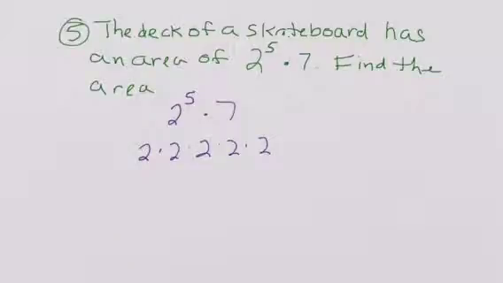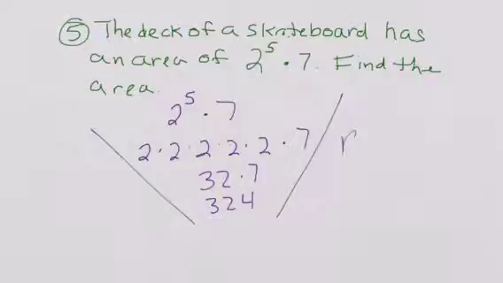The base is 2, and I'm going to multiply it 5 times, and then I'm going to multiply it times 7. So 2 times 2 times 2 times 2 times 2 is 32, times 7, which is going to give us 224. When we're simplifying, you're always going to use the PEMDAS method and use the upside down triangle.